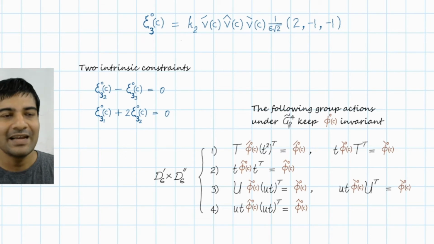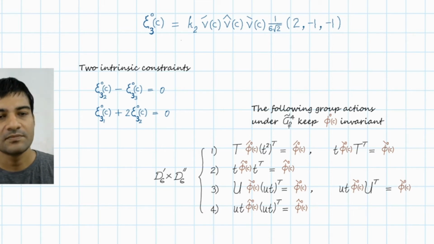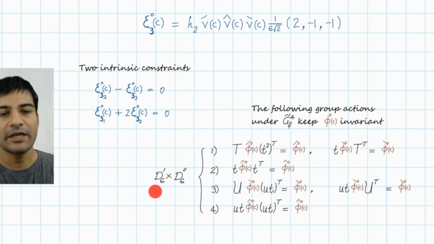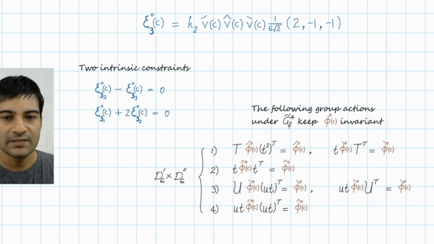However, these additional symmetries are essential to generate our second intrinsic constraint. Because of these d6 prime cross d6 double prime symmetries, various vectors constituting phi 0c get oriented in a very specific way.